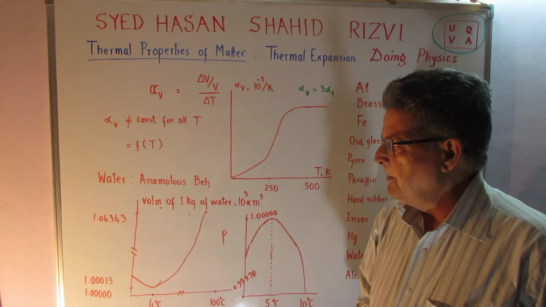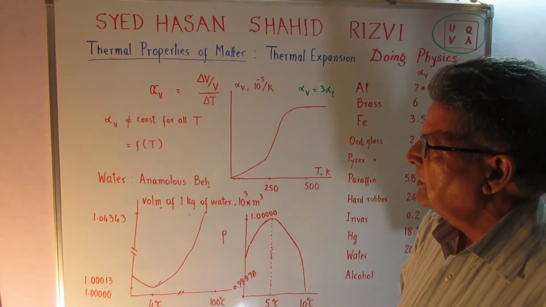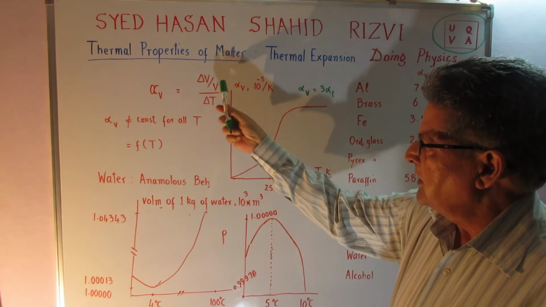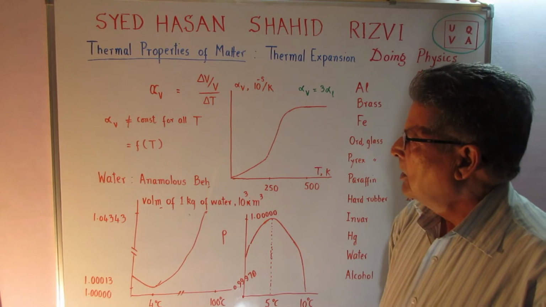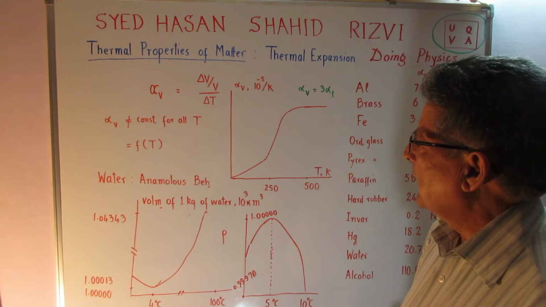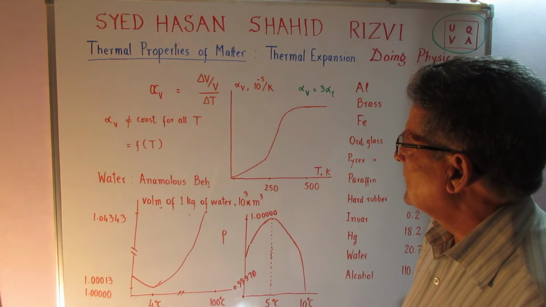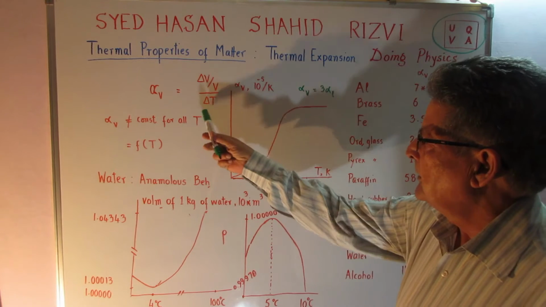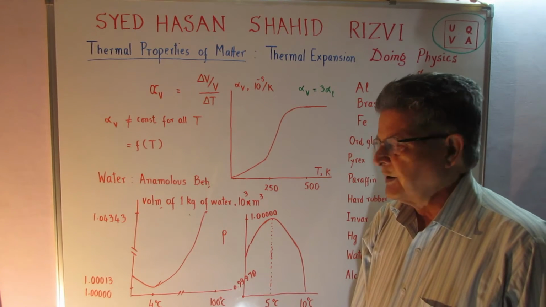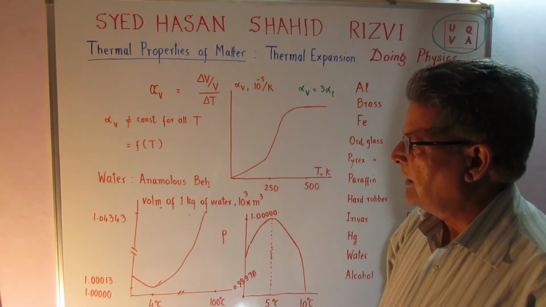But as I said, this alpha V, which is again defined in the same way, delta V upon V divided by capital T, is not a constant for all values of temperature.